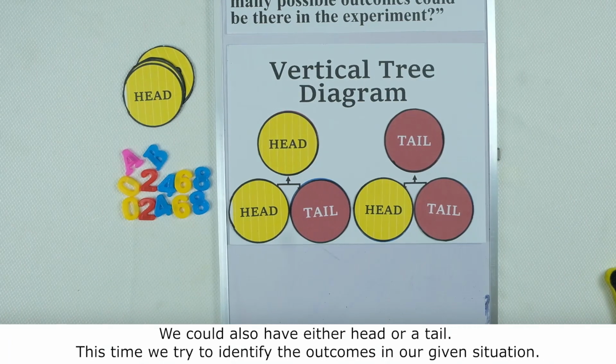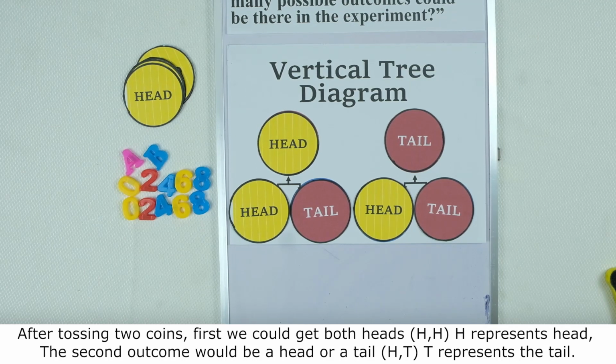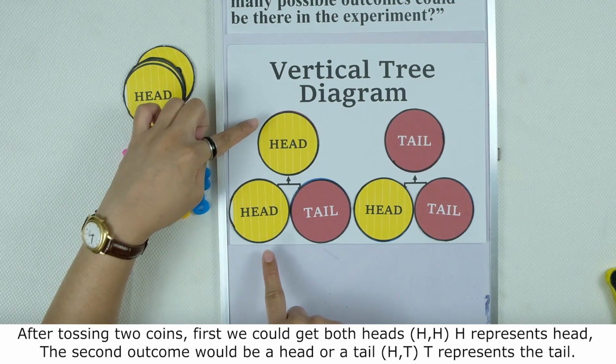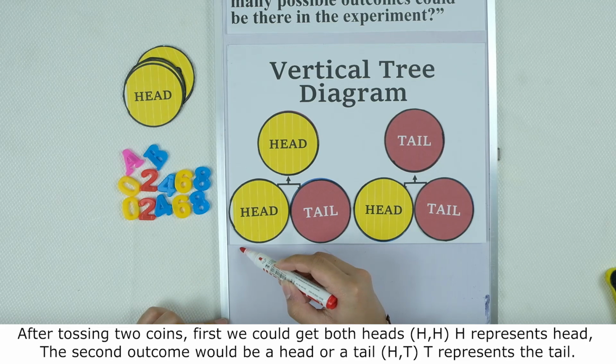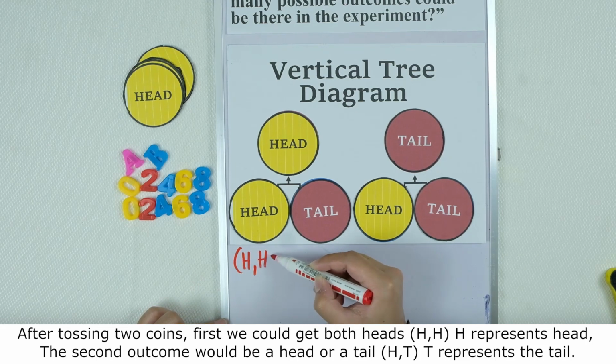This time, we try to identify the outcomes in our given situation. After tossing the 2 coins, first we could get both heads. So I'll write H, H. H represents head.